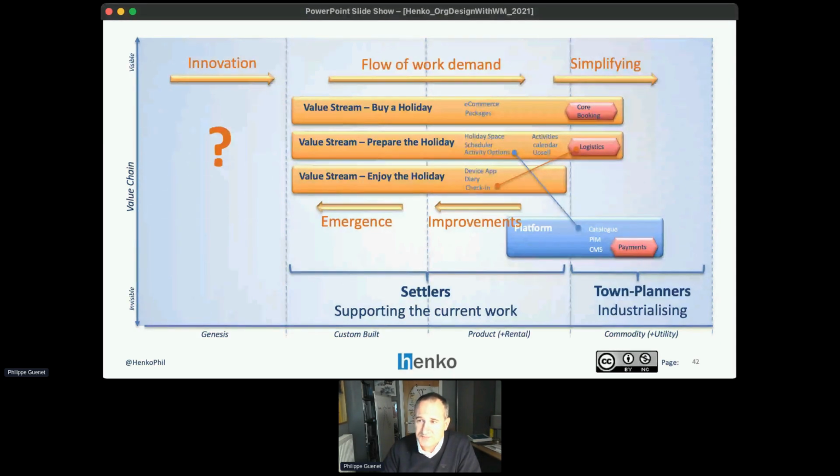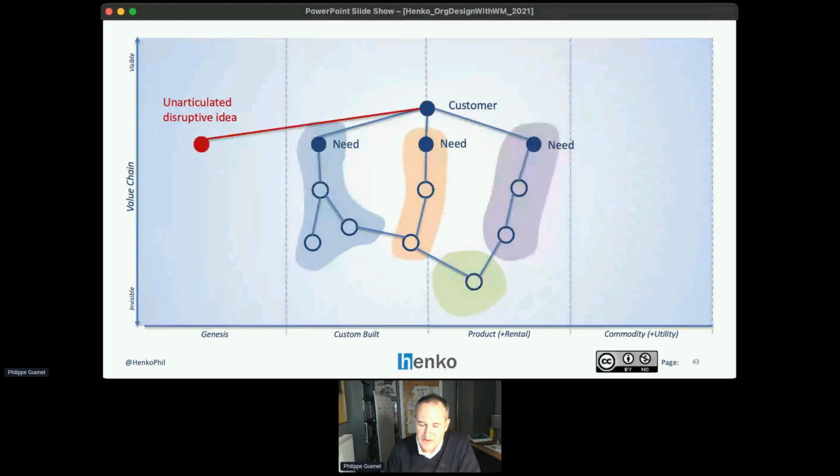And that's where I'm playing around the idea that Dave Snowden is talking about. And when you look at the Genesis space, it is really about finding out needs that the customer has and are difficult to meet, or actually identifying unarticulated needs and disruptive ideas.